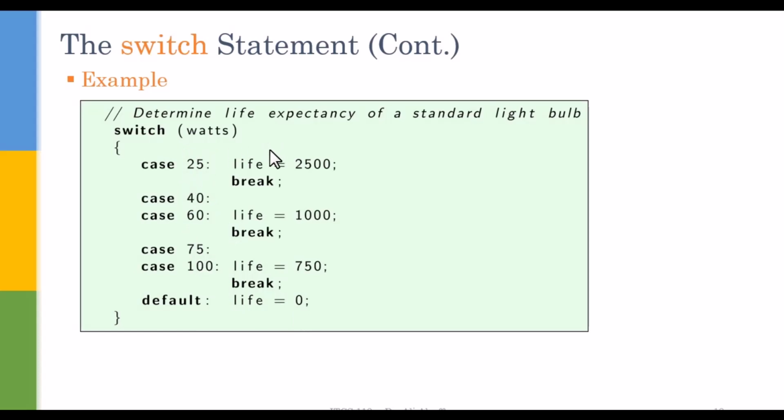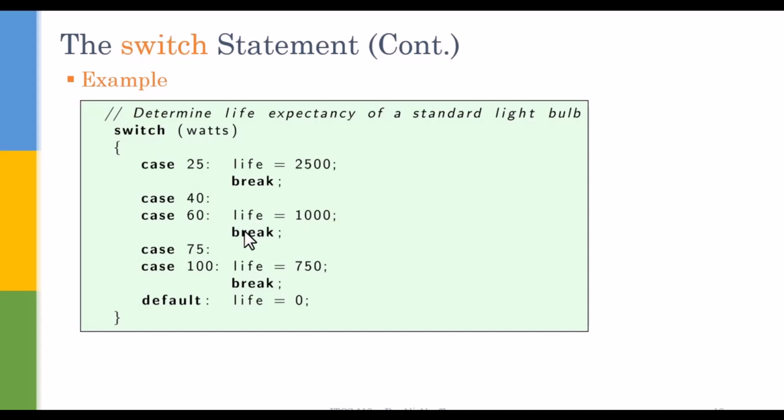Now let's take some scenarios. Suppose wattage is equal to 60. What happens? The computer will check. 25 is not 60, so it will go to the next one. It is not 60. Once it finds 60, it will go inside and put 1000 into life.